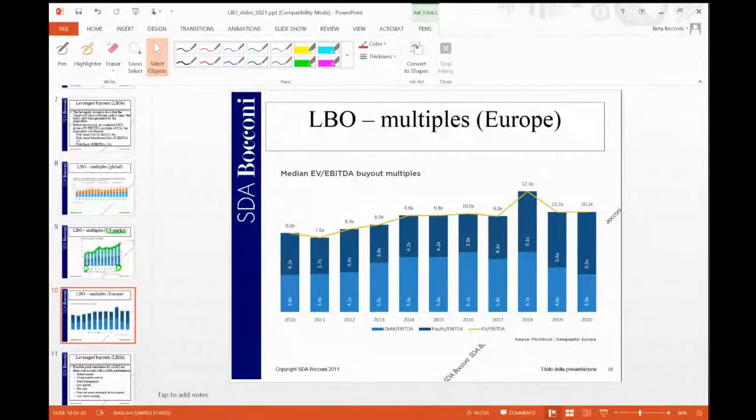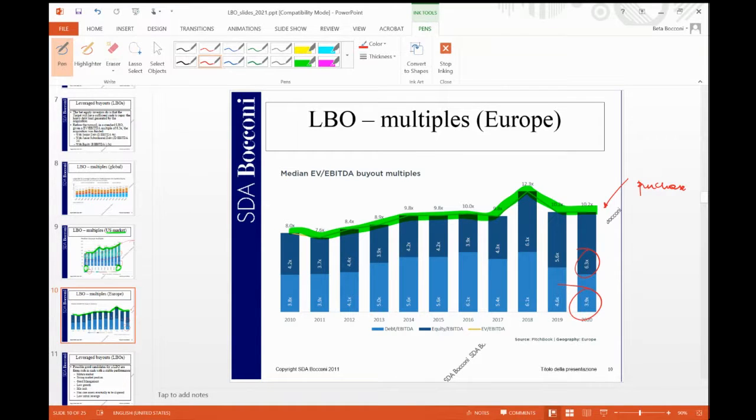In Europe, let's see if the situation is mirrored also in Europe. In Europe, the situation can again be shown with the same information. The continuous line essentially indicates the purchase price for these companies, and the bars indicate the composition of that price in terms of equity, the dark blue, and debt over EBITDA, the pale blue.